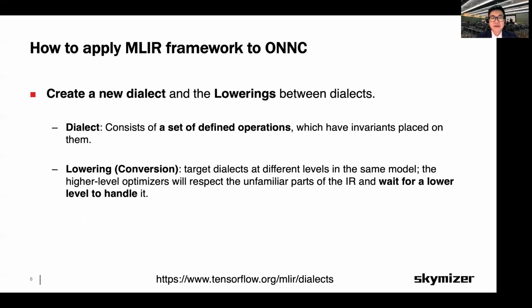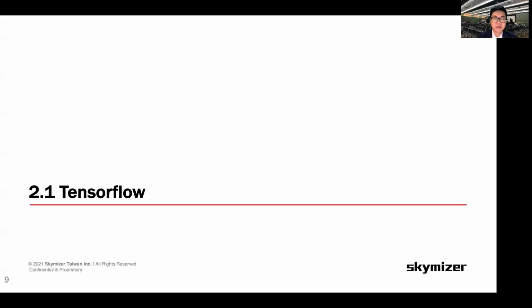So you can use a dialect to describe a kind of IR, like ONNX, like ONC, or like TensorFlow. And when you want to convert one IR to another IR, you need to implement a lowering, which means a conversion between different dialects. So we use this approach to support TensorFlow.